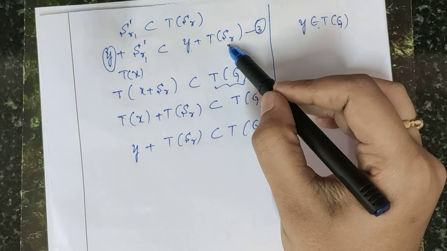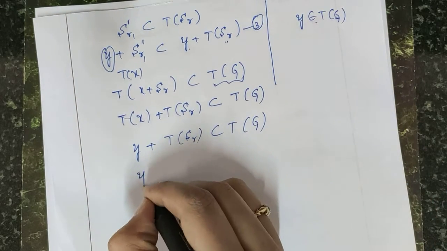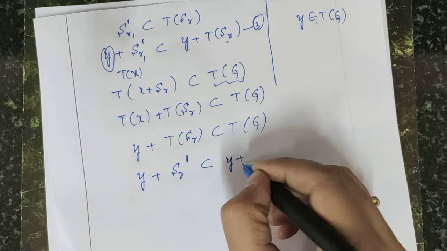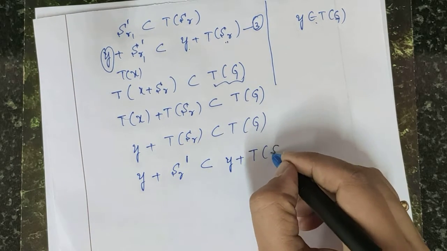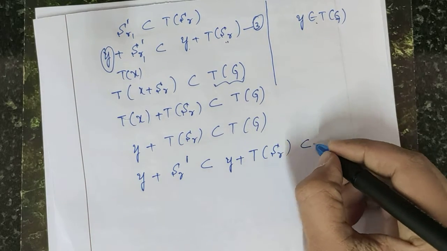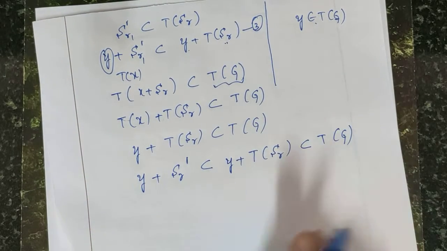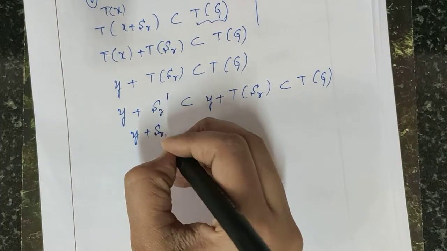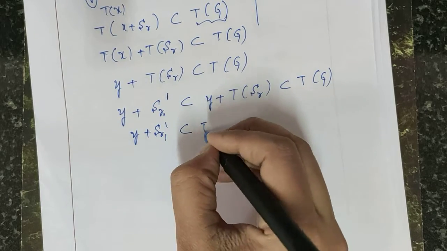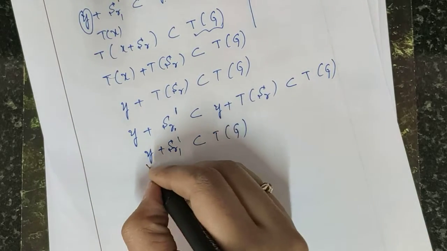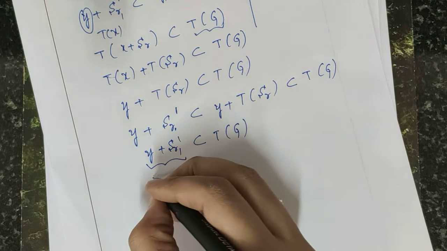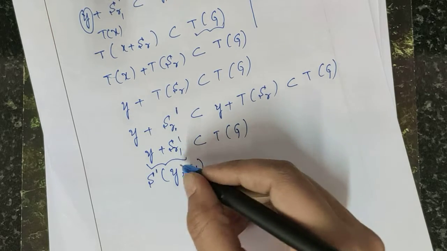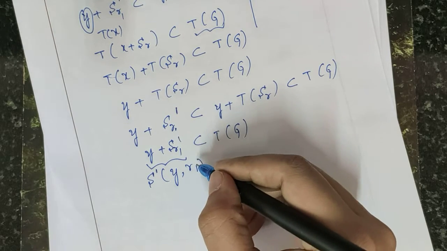Again, using equation number 3, y plus SR1 prime is a subset of y plus T of SR, and this is a subset of T of G, right? So from this you can write y plus SR1 prime is a subset of T of G. So we can write y plus SR1 prime as S prime of y comma R1, where y is the center point and R1 is the radius.